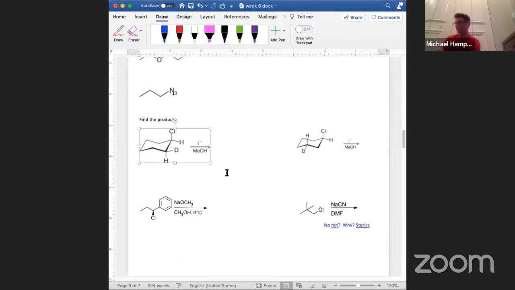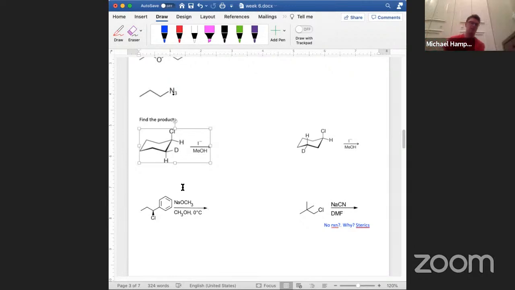All right, you guys pull up that chart. I put it in the chat. This substrate, what's the classification of that substrate?